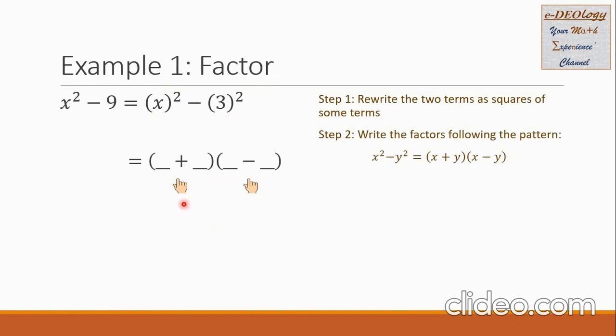But take note that the signs must be different. One is positive, the other is negative. We're going to put x on the first blank of the binomials. And then the 3 will be the second term of each of the binomials. So we see here we have x plus 3 times x minus 3. So this is our answer.